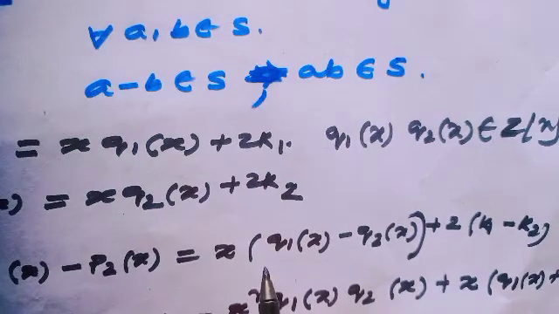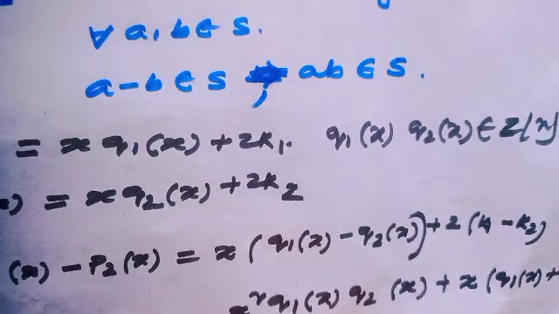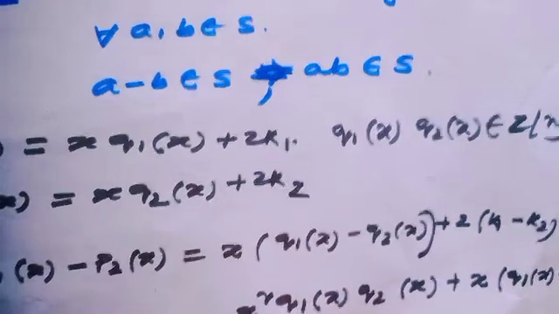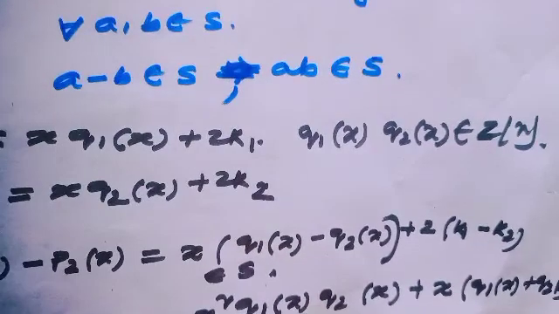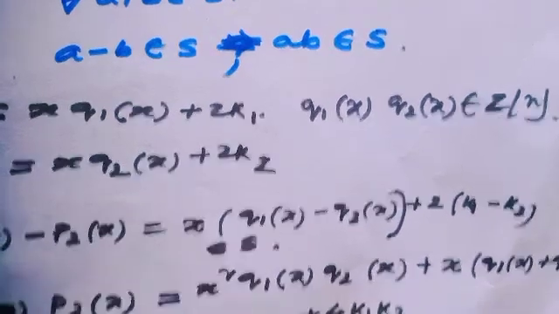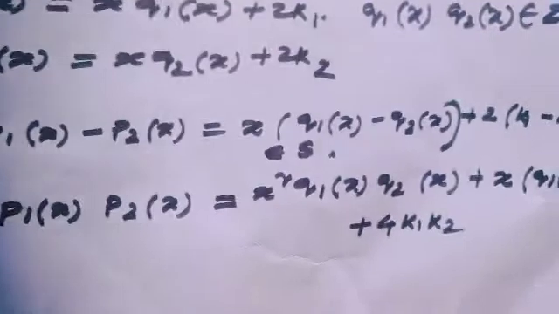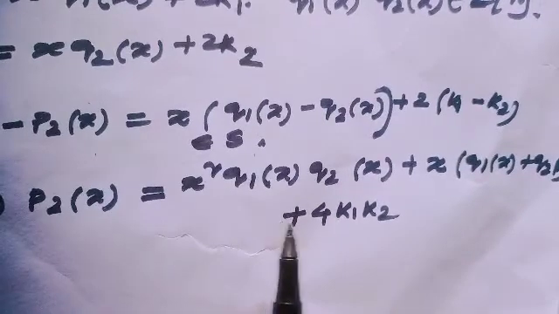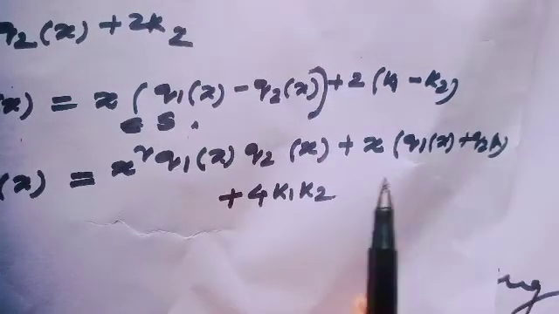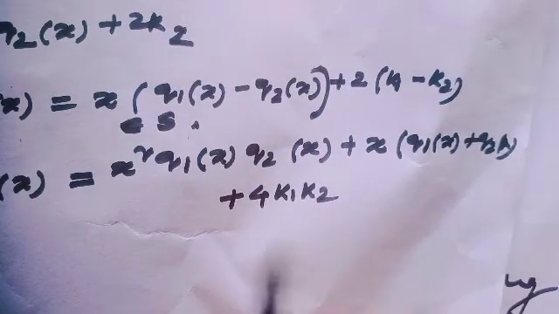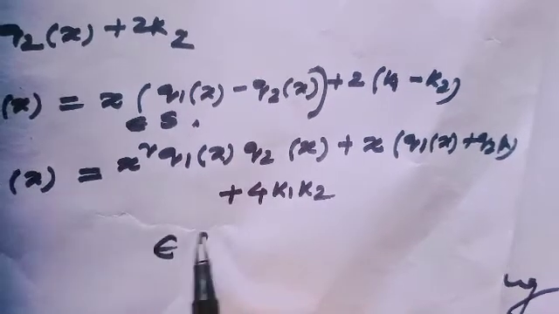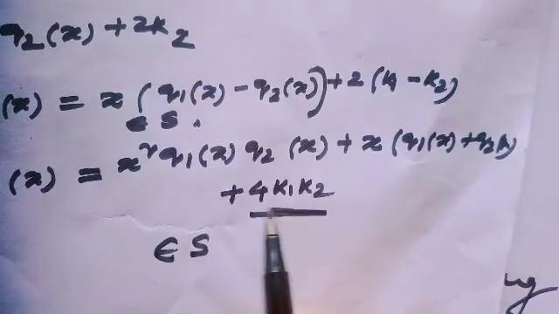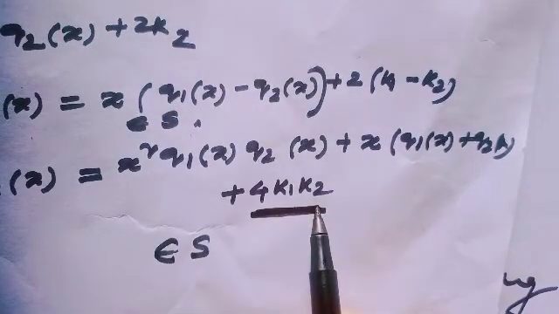And obviously this belongs to the set S, because S contains such polynomials whose constant term is even. And p1(x) times p2(x) equals x square q1(x) q2(x) plus x times (q1(x) plus q2(x)) plus 4k1k2. And this obviously also belongs to S, because the constant term here is obviously even.